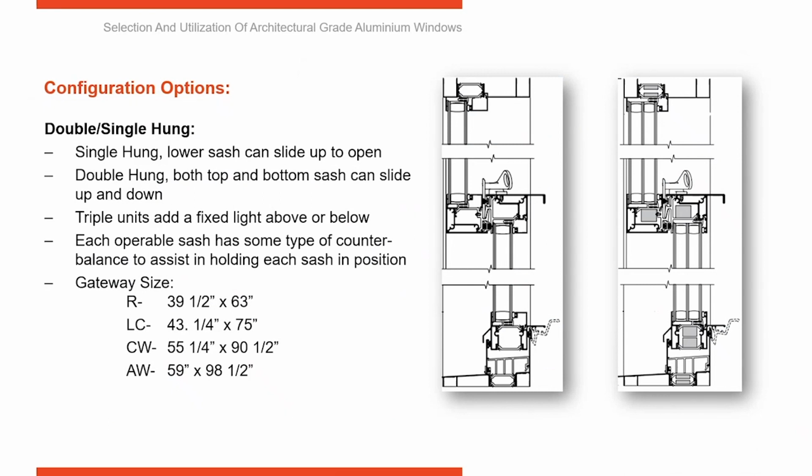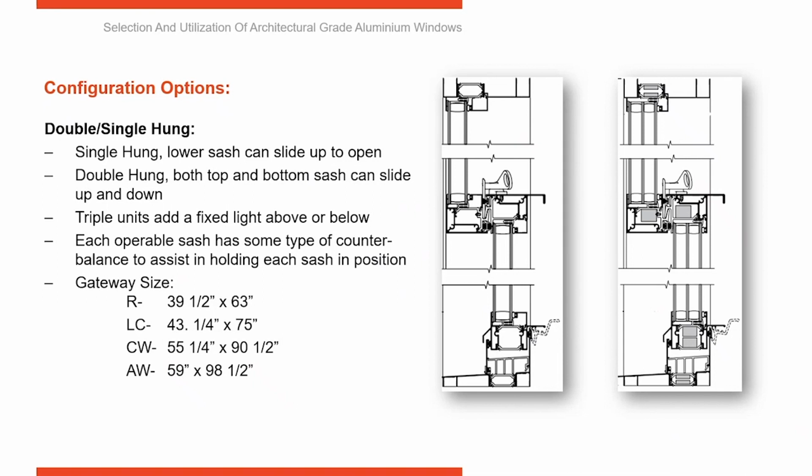If it's a single hung, the upper sash is fixed and the lower sash can slide up and down within the frame. With a double hung, the upper sash and the lower sash can both slide up and down within that frame. There are triple units, which usually consist of a fixed unit set on top of those two. So you've got your double hung with a fixed unit on top of that. That would be considered a triple.